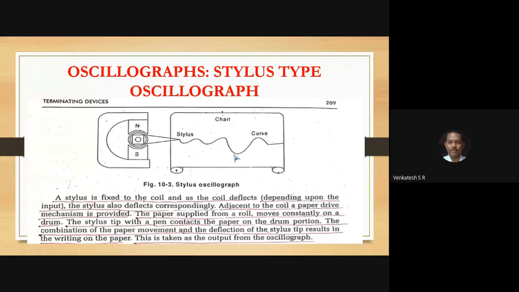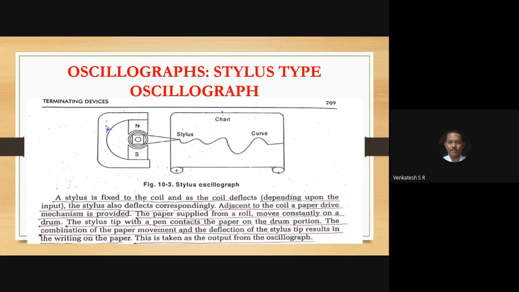Those waves can be measured in the x direction, y direction, and neutral axis. That can be measured by using the Richter scale. Once again, what are the things present in the stylus type oscillograph? There will be a casing. The casing is made of cast iron.